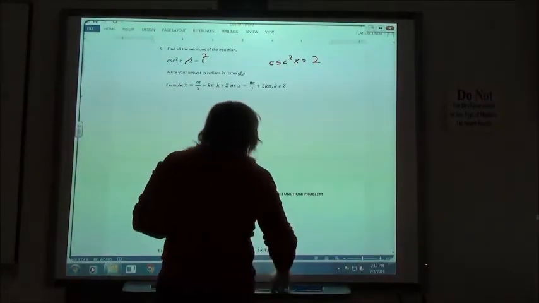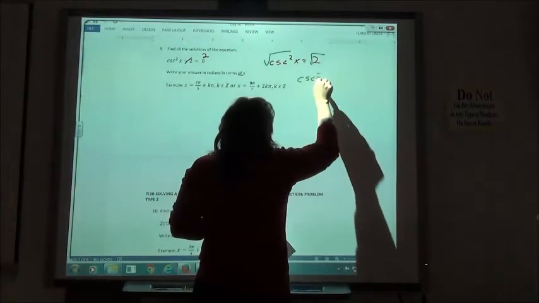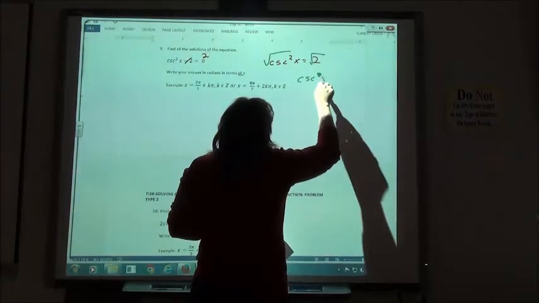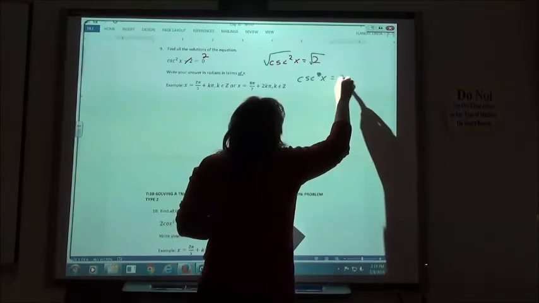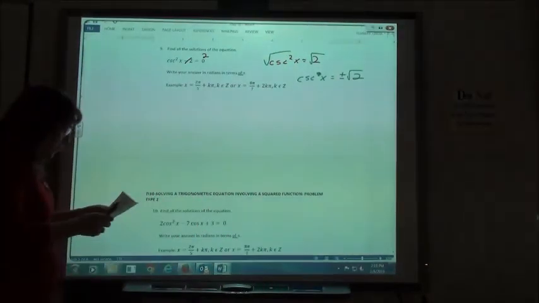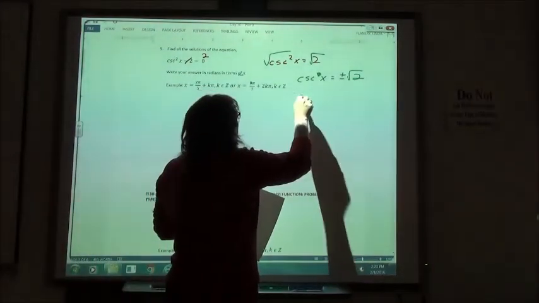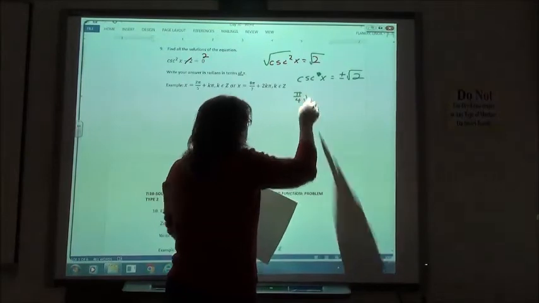I have to do the square root. So cosecant of x is going to equal plus or minus the square root of 2. So looking for the positive square root of 2 answer under my cosecant, I'm at pi over 4.